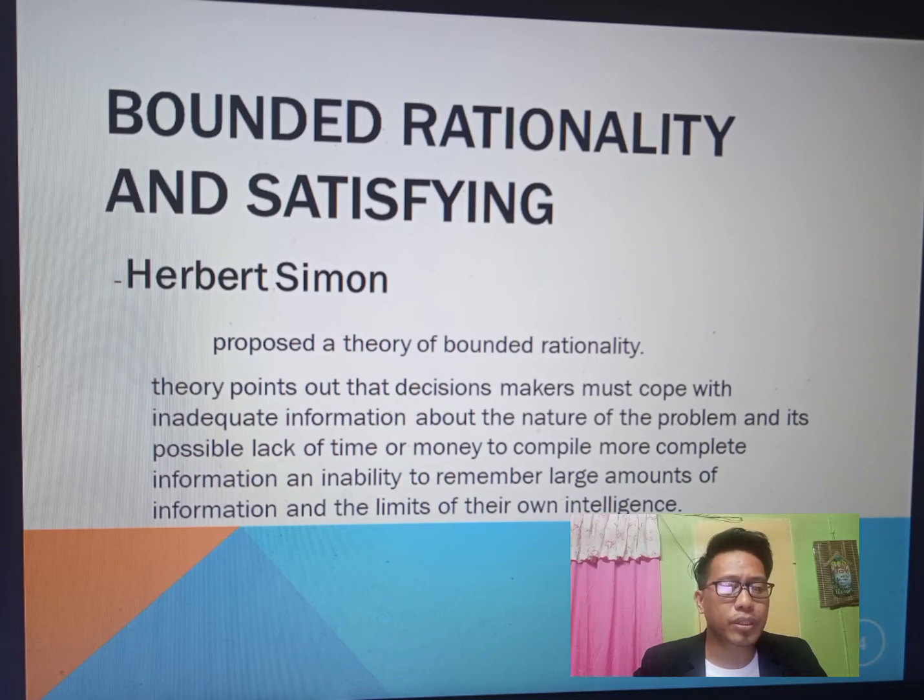In Simon's terms, this is satisficing: they accept the first satisfactory decision they uncover rather than maximize or search until they find the best possible decision. What the effective decision maker learns to do is to satisfice with a clear sense of goals for the organization in mind.